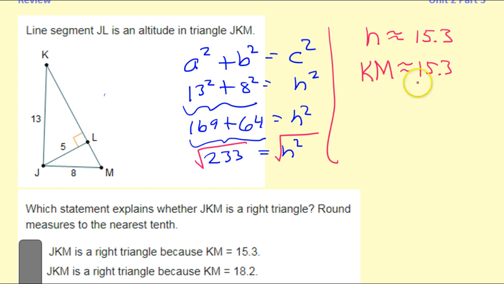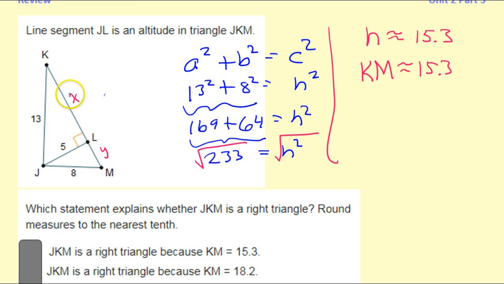If it turns out to be 15.3, then it's a right triangle. If it turns out to be something else, then it's not. So we can figure out KM by finding these two values. I'll call this X, and I'll call this Y.